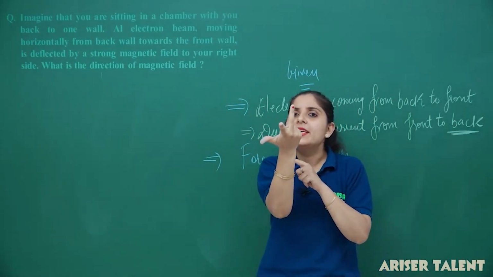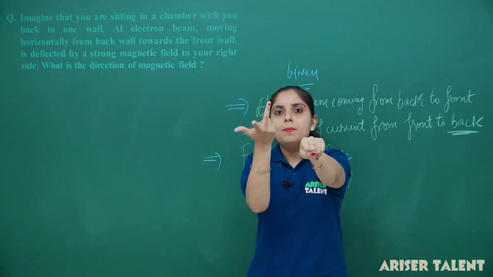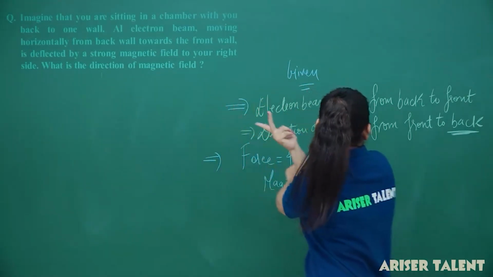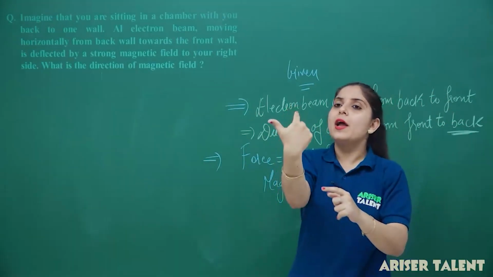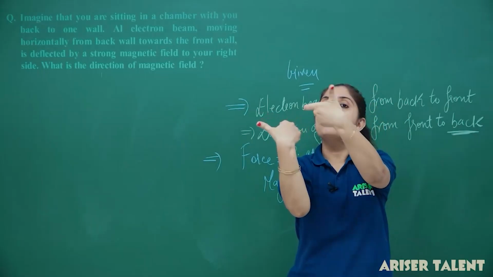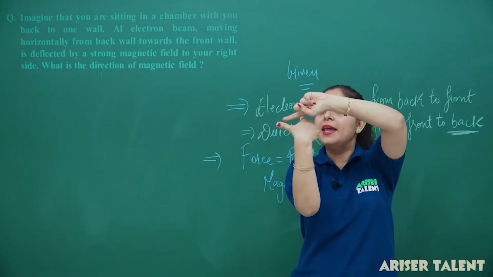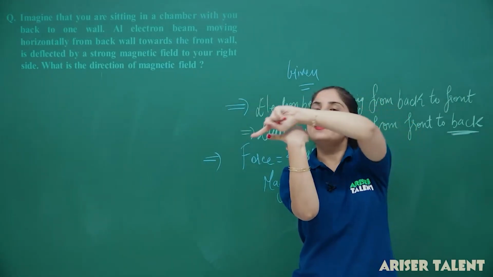Now, you have to identify the direction of magnetic field here. So, if I keep my fingers like this, current is going from front to back, so I have to rotate this finger like this. The thumb will give you the direction of force, and force is in the rightward direction.